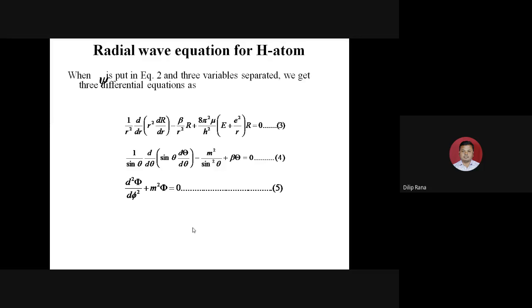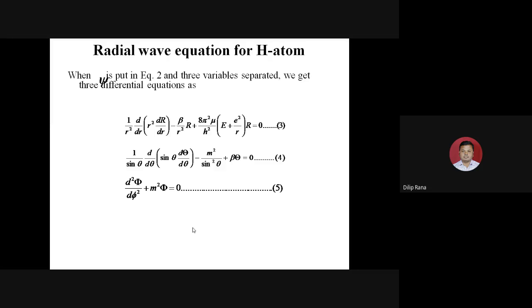For this separation, we used the separation of variables method, and we obtained these three equations. These three equations are obtained directly and put down, because getting these equations is out of scope, and it is correctly put forward in the syllabus that we have to take the equation directly.